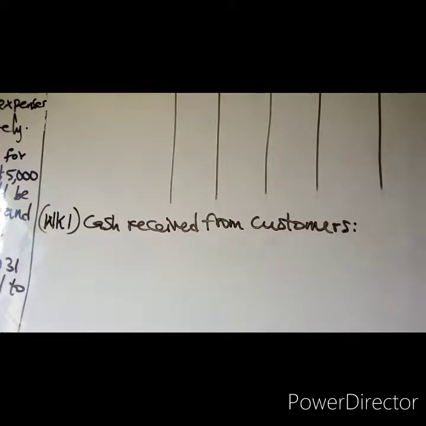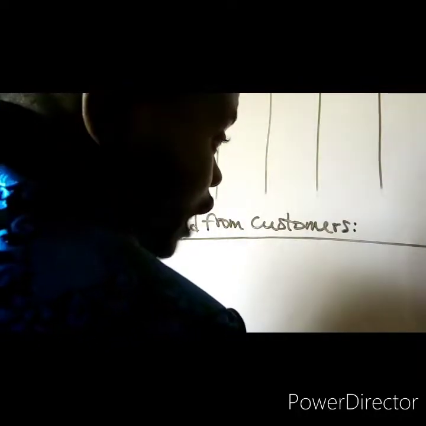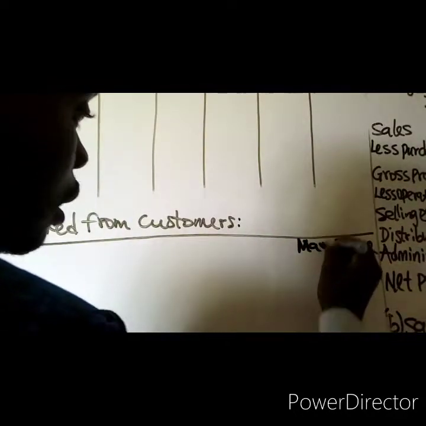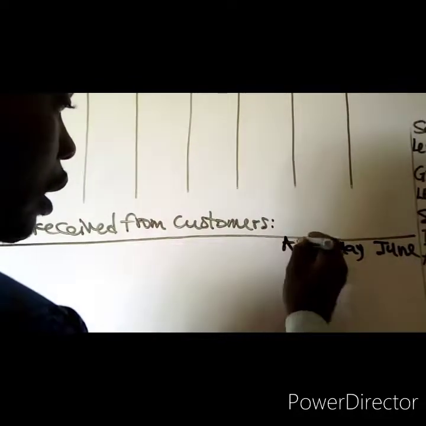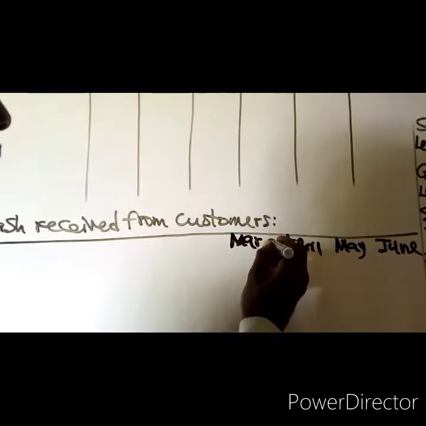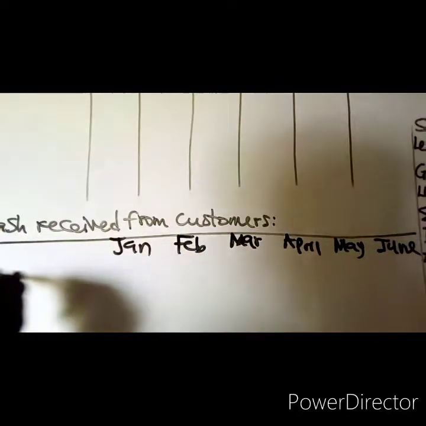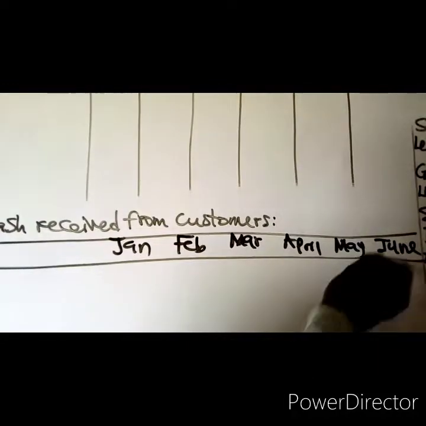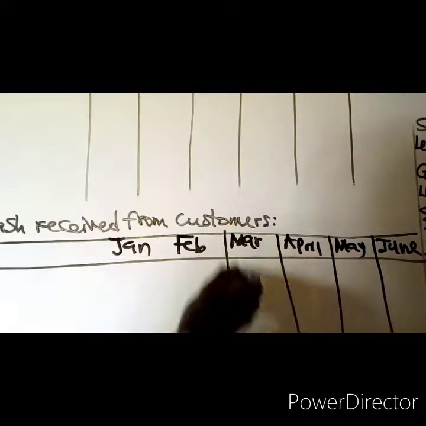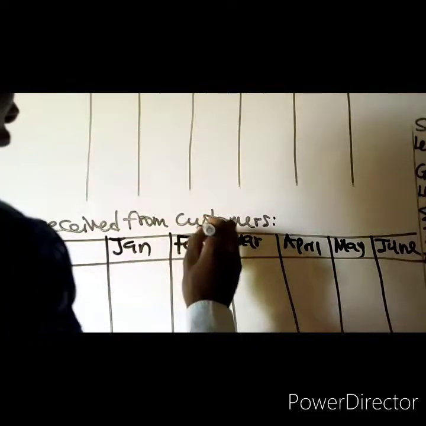Now we have for January to June, May, April, March, February, and January, year 2020.